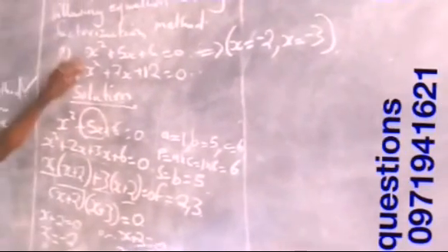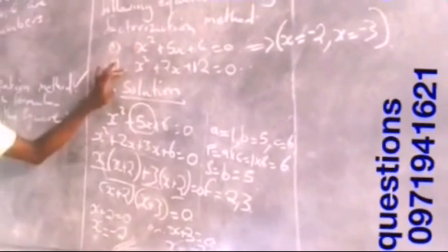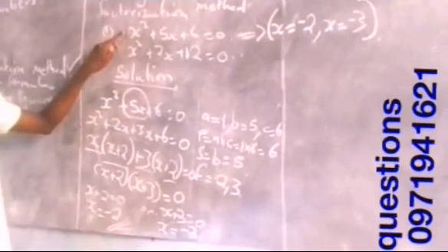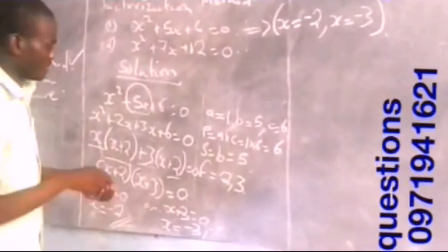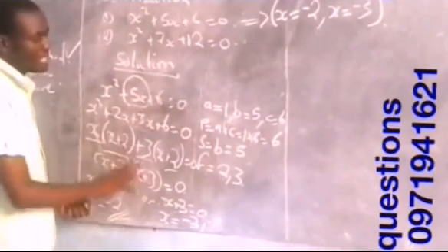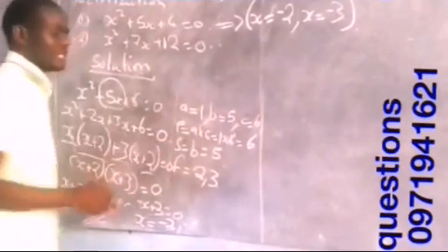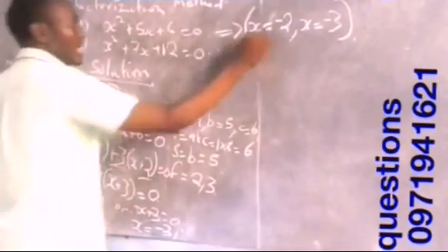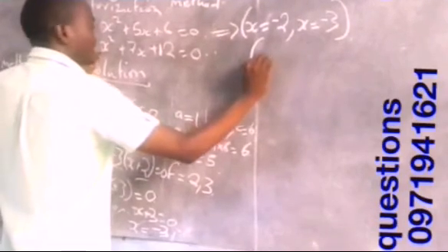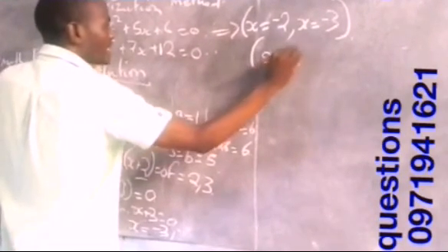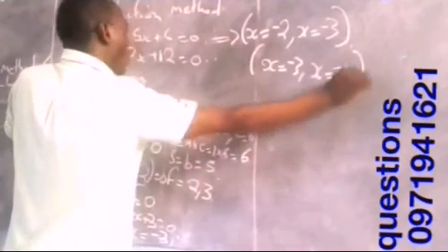I had written two examples here, and I have only solved one. But I want you to try solving the other by following these steps, and it must lead you to the following answers: x is equal to negative 3 and x is equal to negative 4.